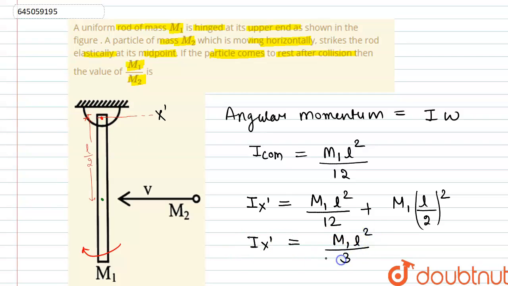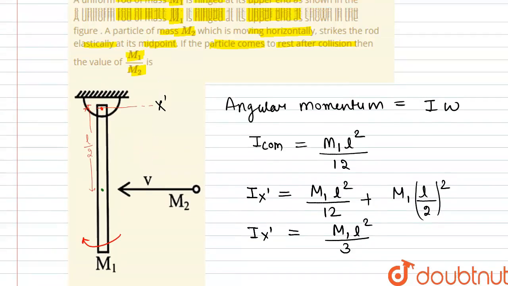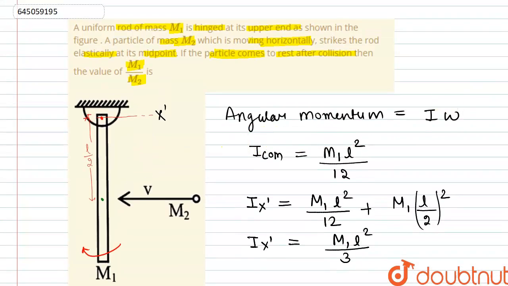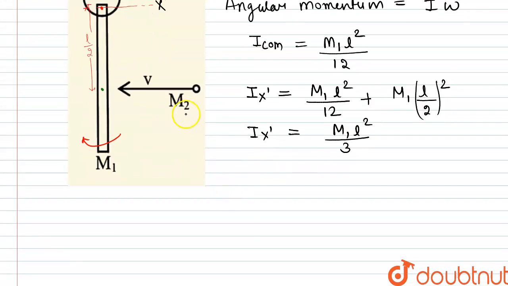Now, we know the angular momentum of this particle, which is moving with the velocity v, is m2 v L by 2, because it strikes at the point L by 2, equals the moment of inertia about this axis, m1 L square by 3 into omega, right?